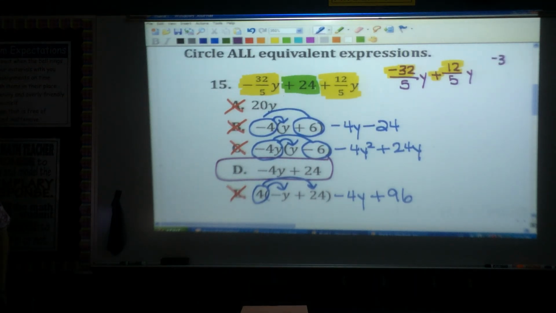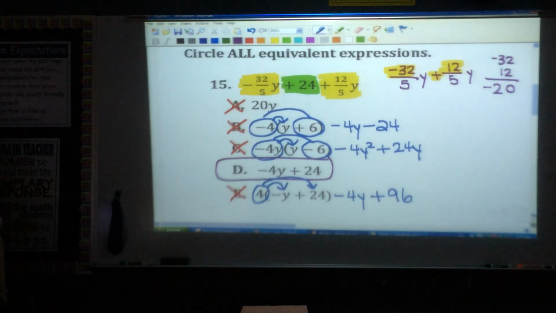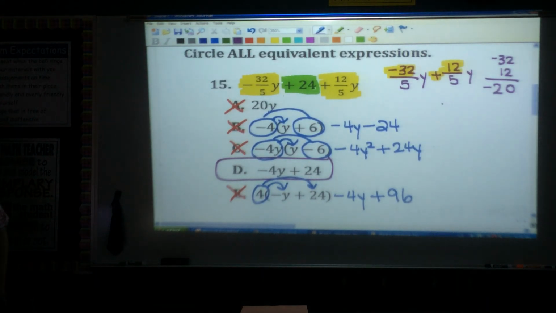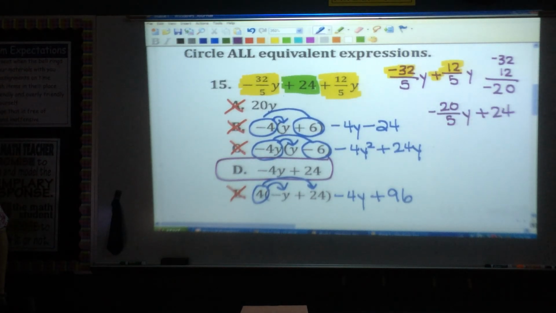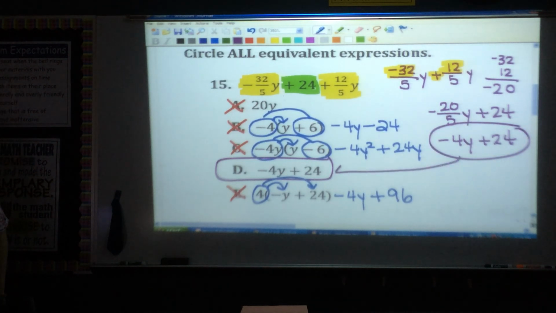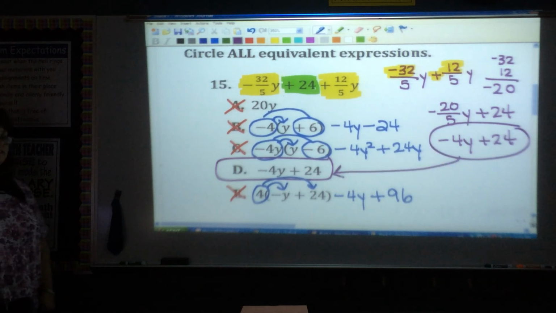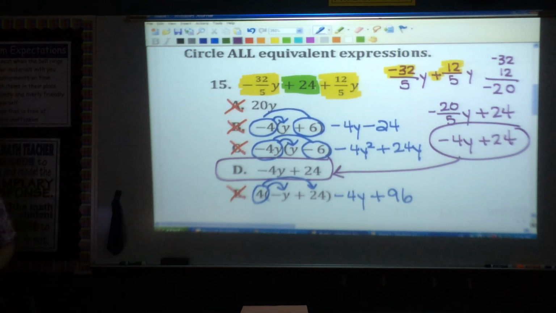So negative 32 minus 12 is 20. And it's a negative because we have more negatives than positives. So that's negative 20 fifths y plus 24, which is negative 4y plus 24. So this confirms that D is our only solution. Keep working hard.